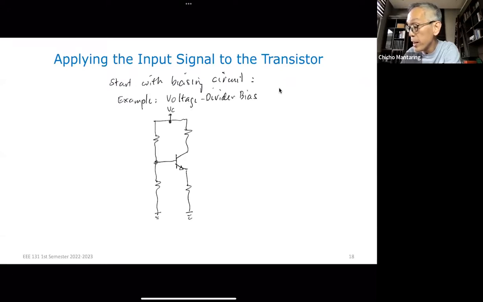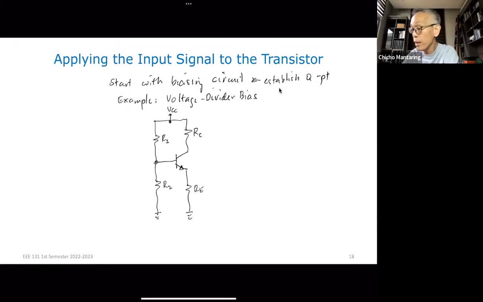You have VCC, RC, RE, R1, and R2. This is the circuit that you will use to establish your operating point, your Q point.